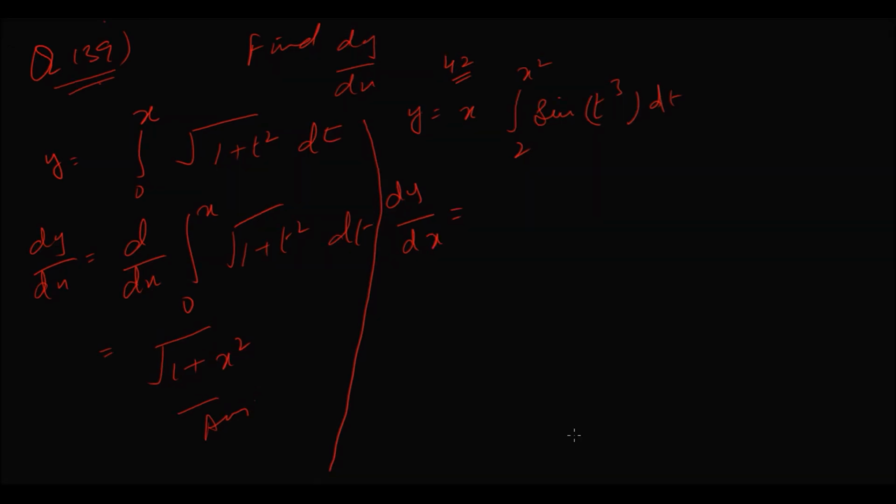So dy by dx, the derivative of y with respect to x, is equal to d by dx of x times the integral from 0 to x square of sine t cube dt.